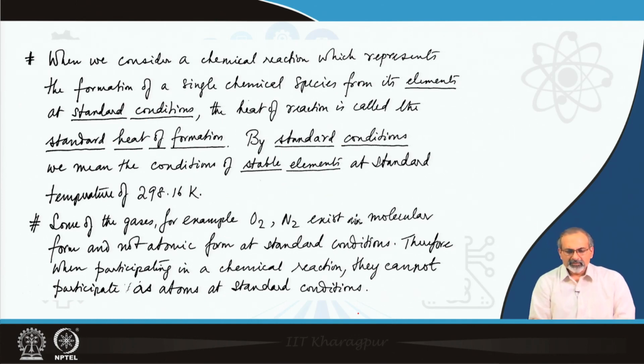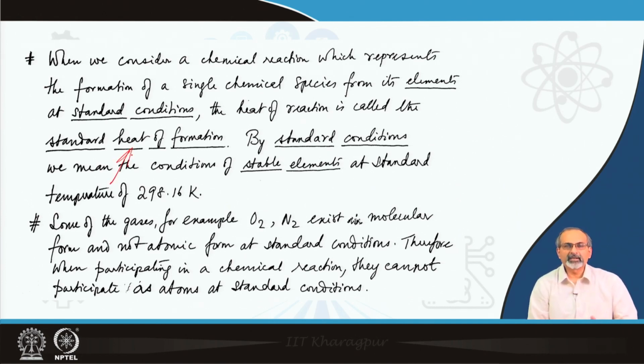To proceed further, we have to introduce an important concept here, that is what is called as the standard heat of formation. We will look at what the concept is.